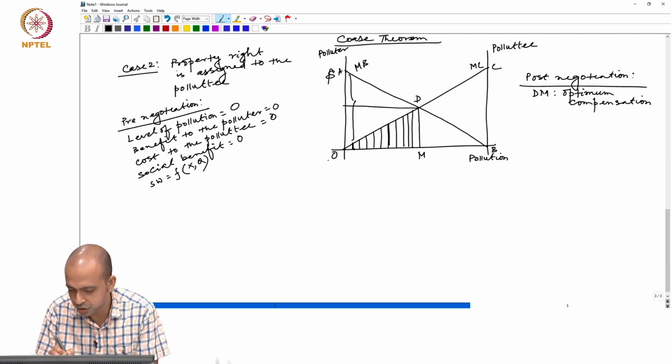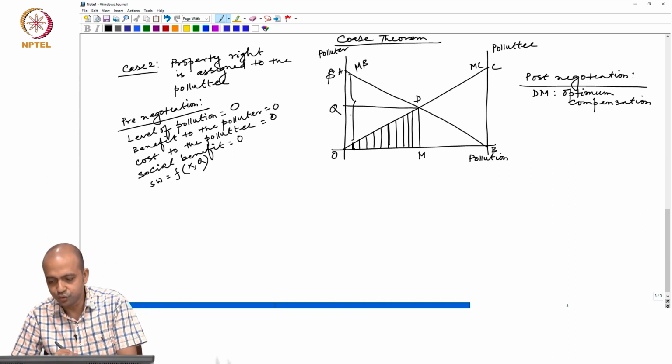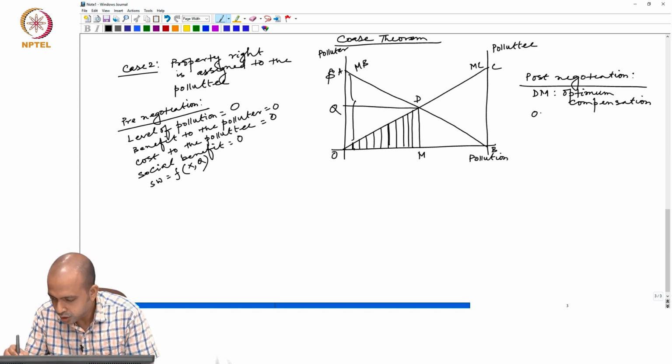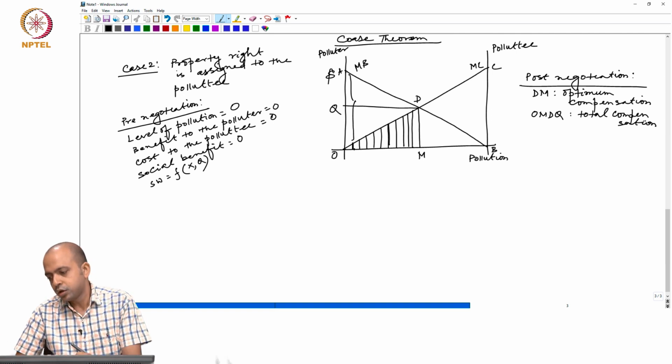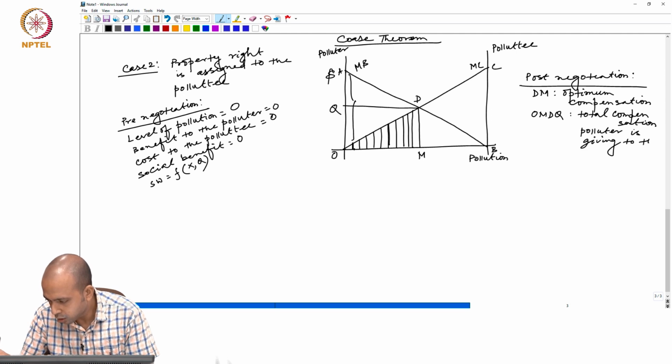This is the total compensation, which is given by, let us say, OMDQ. So, OMDQ is total compensation the polluter is giving to the pollutee.